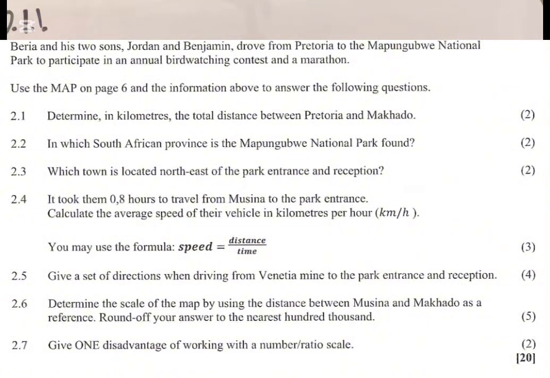Question 2 says, Beria and his 2 sons, Jordan and Benjamin, drove from Pretoria to the Mapungubwe National Park to participate in an annual bird watching contest and a marathon. Use the map on page 6 and the information above to answer the following question.